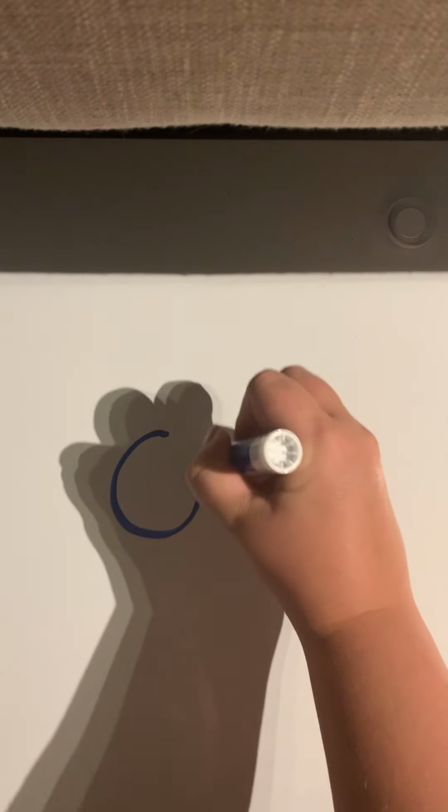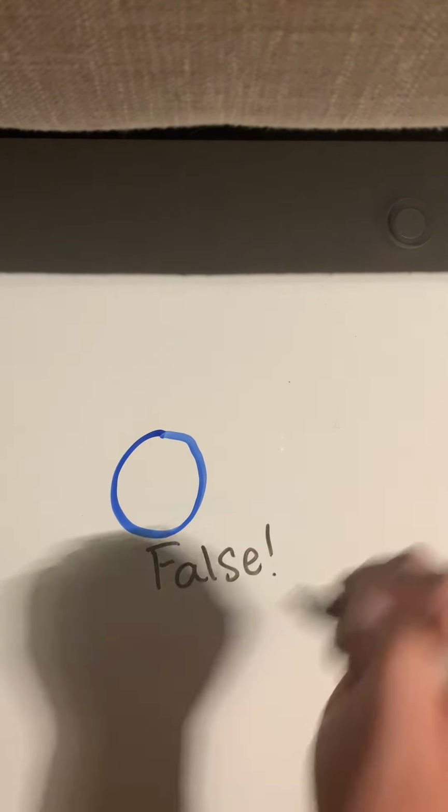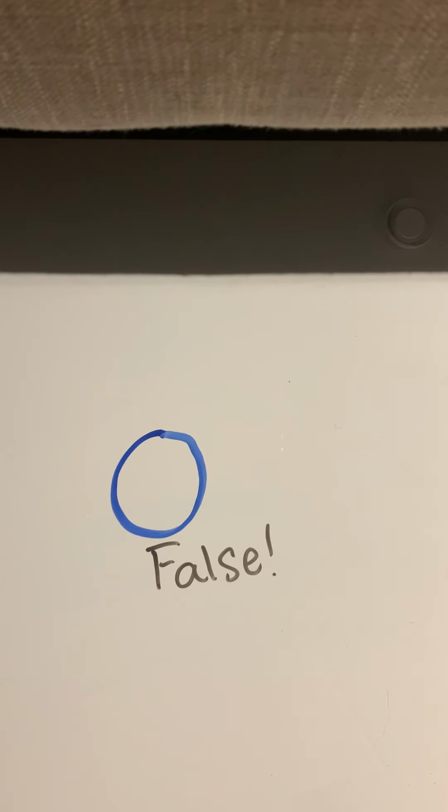The outline of a bottle cap is a quadrilateral. True or false? Yep. You should have written false because this does not have any sides or any angles.